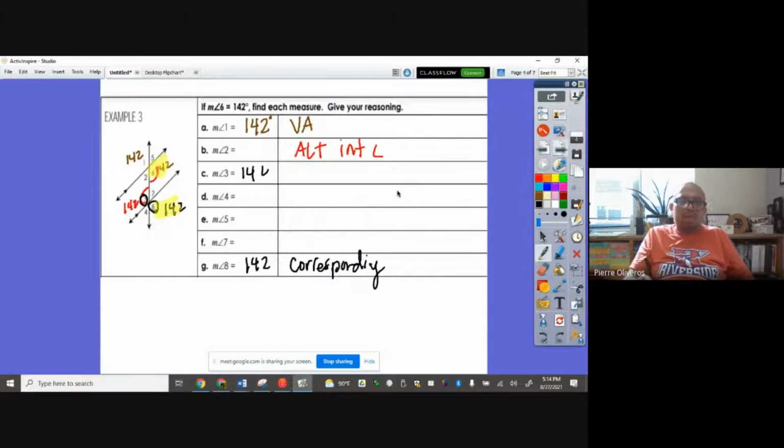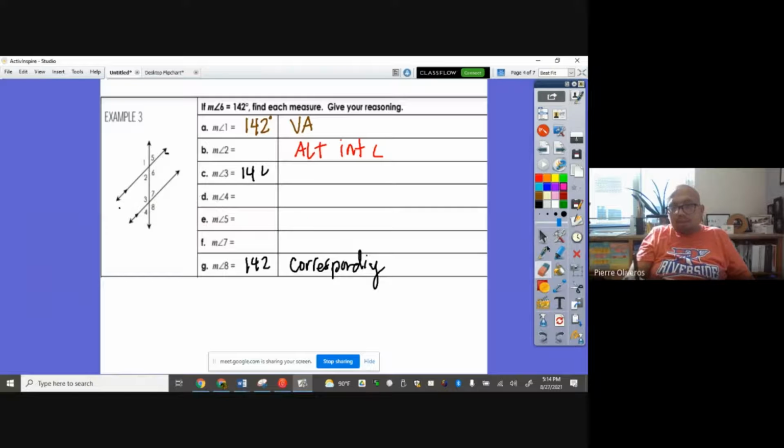So do you notice anything here? This is 142, that's 142, that's 142, that's 142. They're all equal. I get it. But can you see any pattern? Look at this one here, guys. It's like a zigzag. Okay.